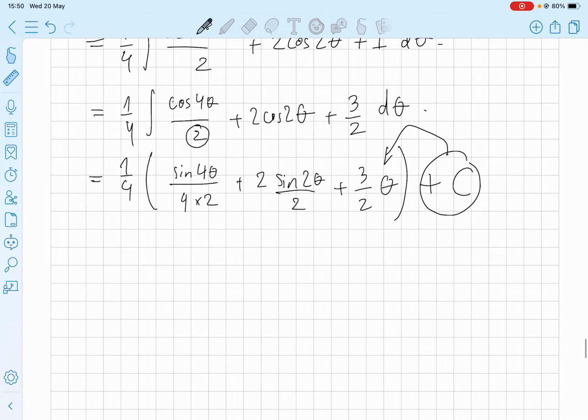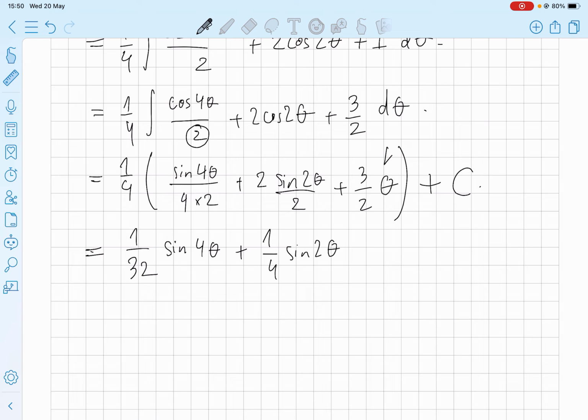So now let's simplify it much more. 4 multiplied by 2 will give you 32, and then sine of 4 theta plus 1/4 of sine 2 theta, and then plus 3 over 8 theta plus c.